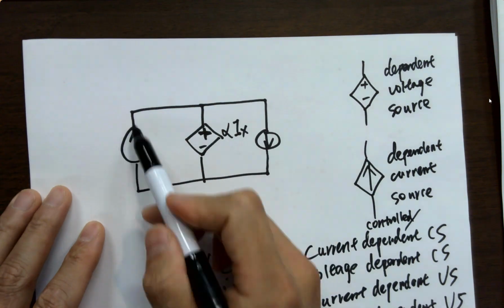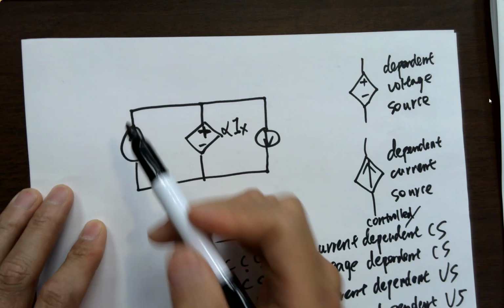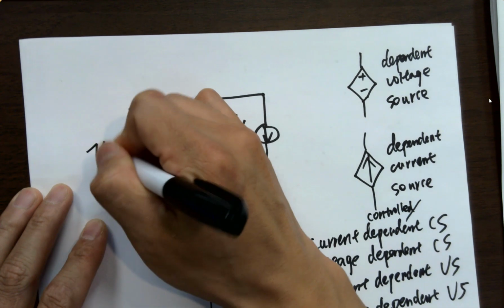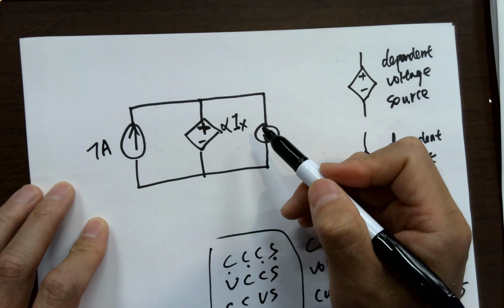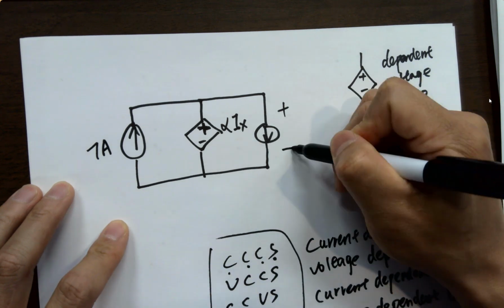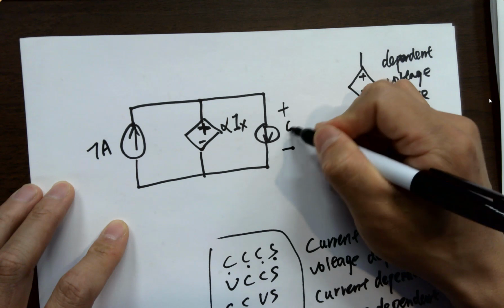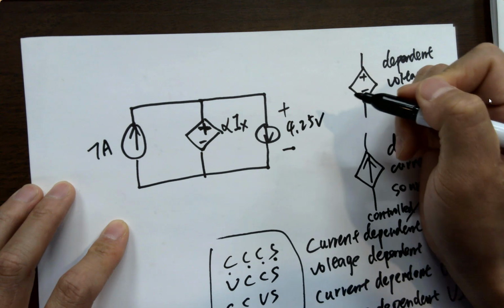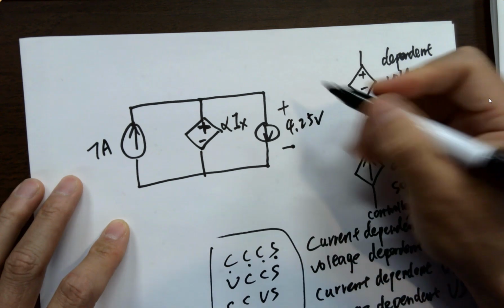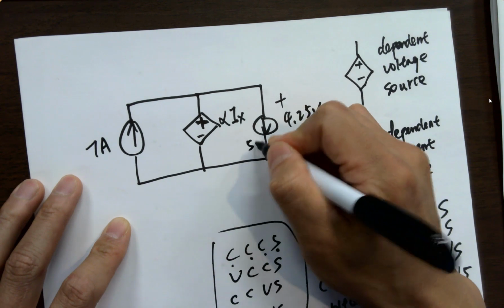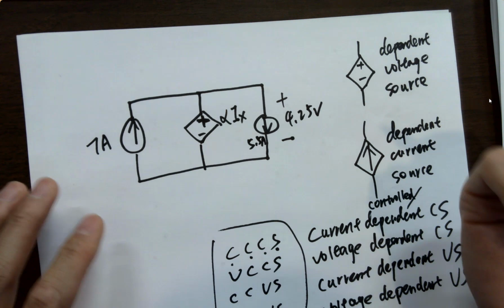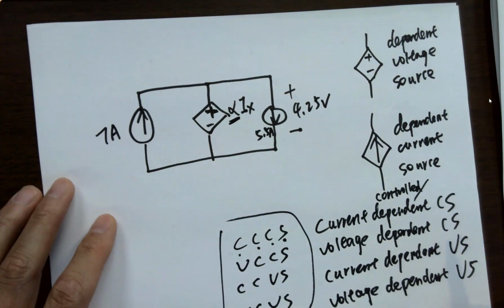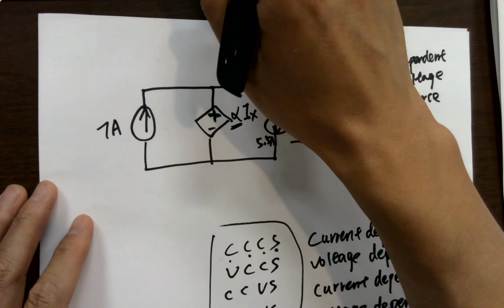And the current source shows the branch current, which is 7 amps. And this one tells you the voltage across the current source here, which is 4.25 volts. And it tells you the current here is 5.5 amps. And it's asking you to calculate alpha. How do you solve it?